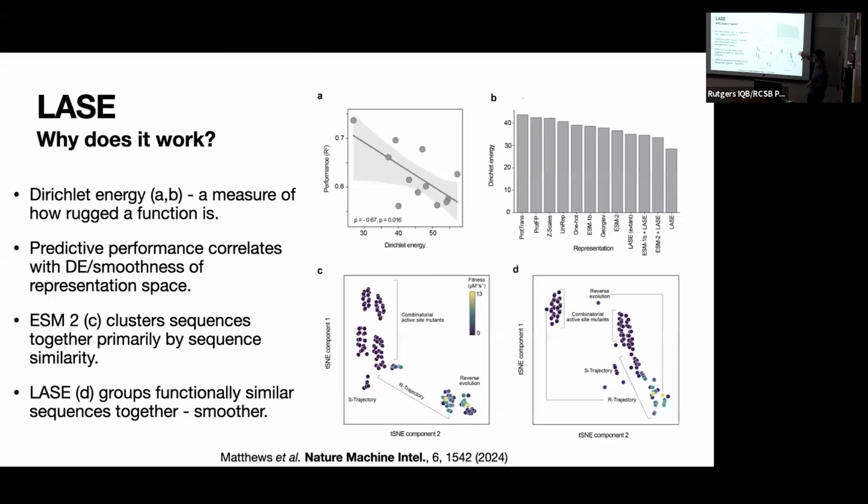Whereas you can see here that the LAYS landscape is much smoother. There's much more connectedness in there. So this is essentially a graphical representation of what the Dirichlet energy is already showing us. So you're getting big gradients here, and it's quite rugged, whereas this is a much smoother landscape. You can see you're going from low through to high. So you can imagine learning from this is much easier than trying to learn from that, right?